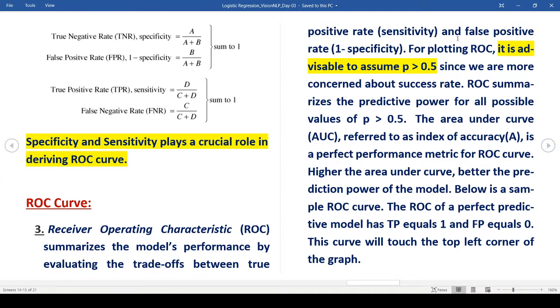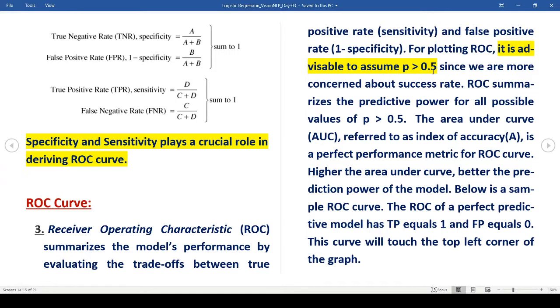For plotting ROC, it is advisable to assume p greater than 0.5. This is a standard, and you can consider p as 0.44 or 0.3 also. But p 0.5 is the p value, which means the predictive power over all possible values, where our model fits perfectly.